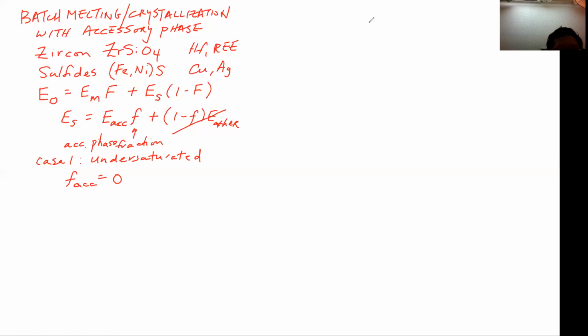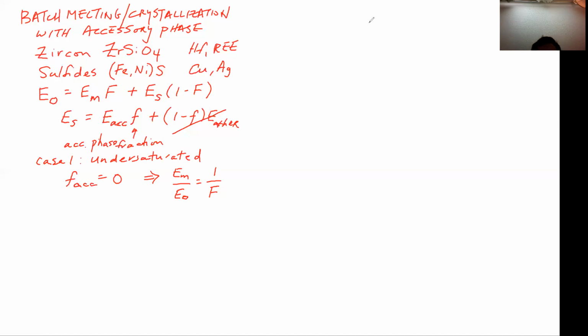And so this leads to the concentration of the essential structural element in the melt being equal to E0 over F. And so, again, taking sulfur, for example, if there's no sulfide present, then sulfur concentration will scale exactly with 1 over F, simply because sulfur does not fit into any of the silicate phases, perfectly incompatible.